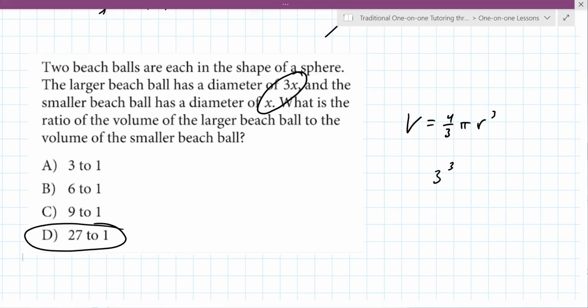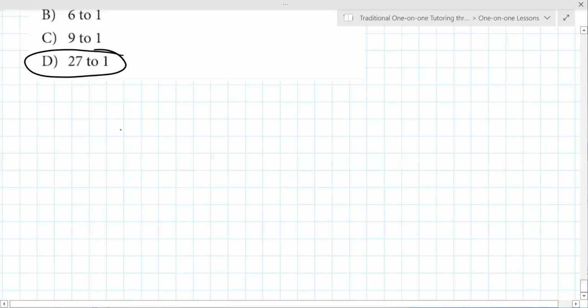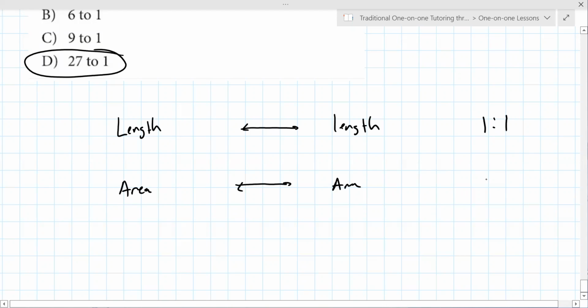So the way it works, this is kind of the summary. If you're doing a length to a length problem, it's always 1 to 1. But if you're doing an area to an area problem, it's squared, so power of 2.